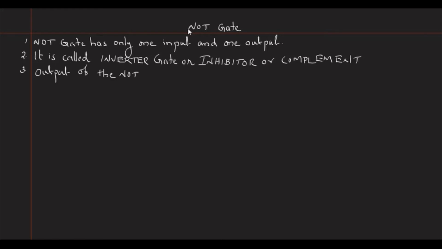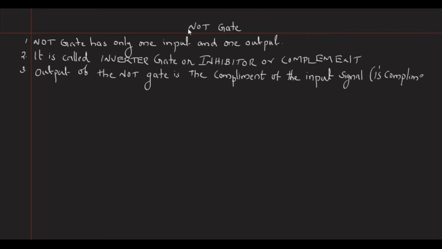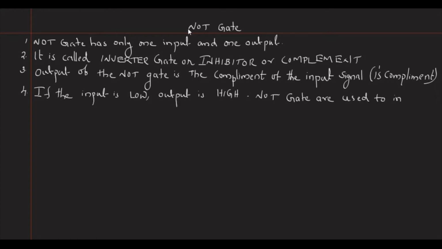The output of a NOT gate is the complement of the input signal, that is, the 1's complement. If the input signal is low, the output is high. If the input signal is high, the output signal is low. NOT gates are used to invert the logic levels where it is required.